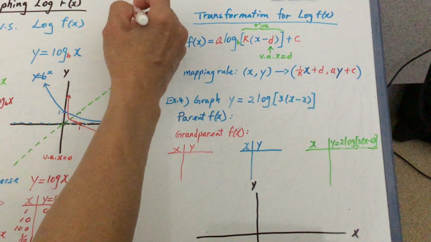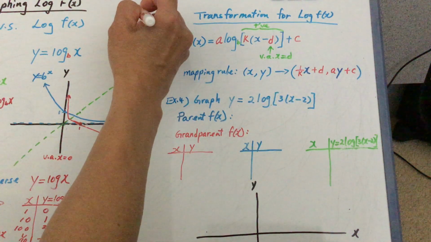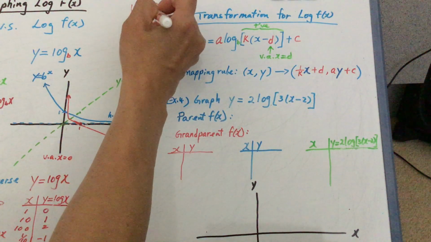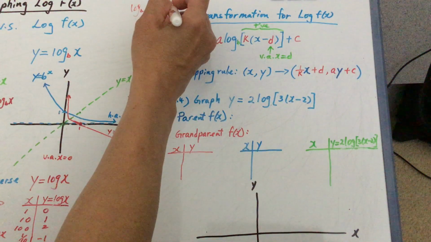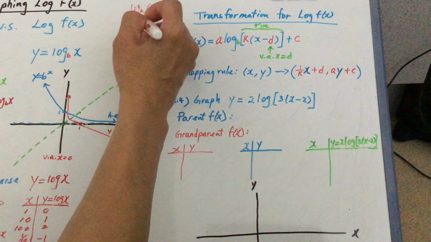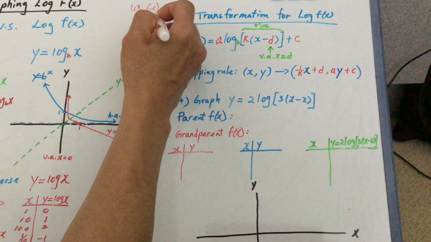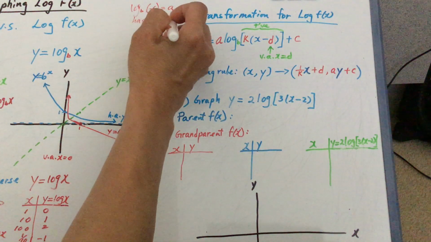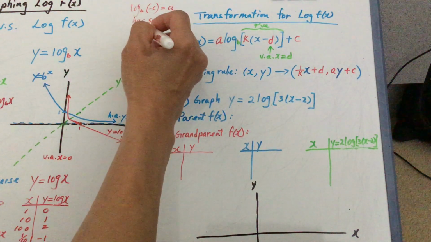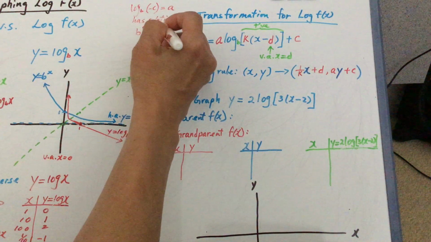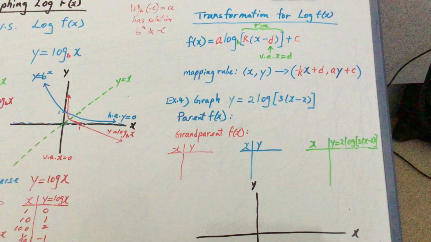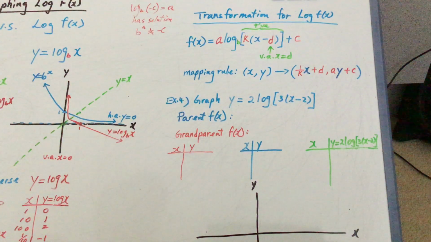If you have a log of some base, but this is negative, that means this one has no solutions. Why? Because when you take the base to the exponent a, it's not possible to get a negative answer here, because the base itself has to be greater than 1, positive.